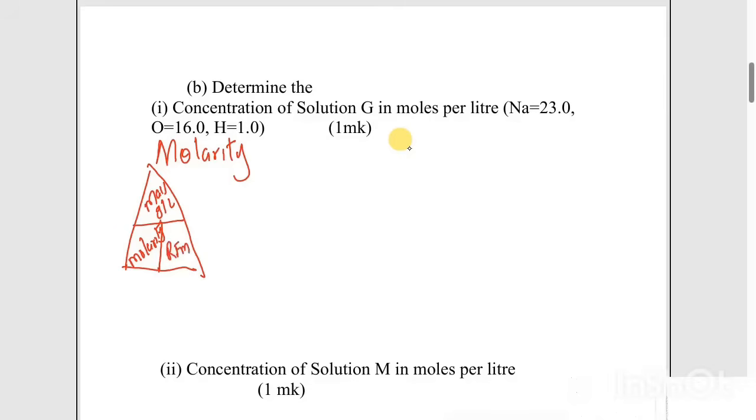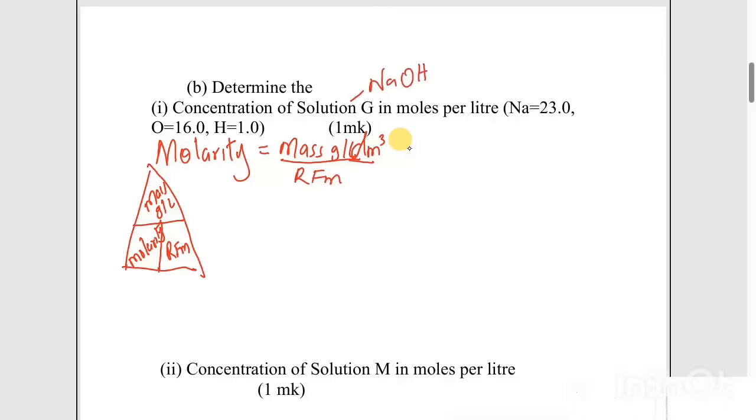So once you have this one, then you know that molarity is equal to mass in grams per liter, or per dm cube, whichever, over RFM. Now solution G is sodium hydroxide.